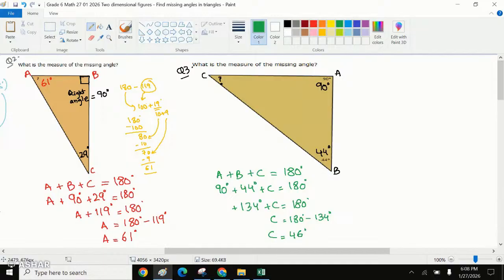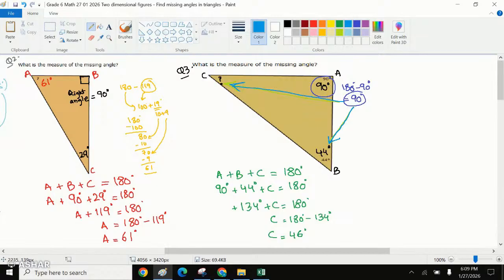Let's look at an easier way. See, this is 90 over here, right? So if I say 180 minus 90, we are left with 90, right? That means the sum of these two given angles should be 90 only, right?